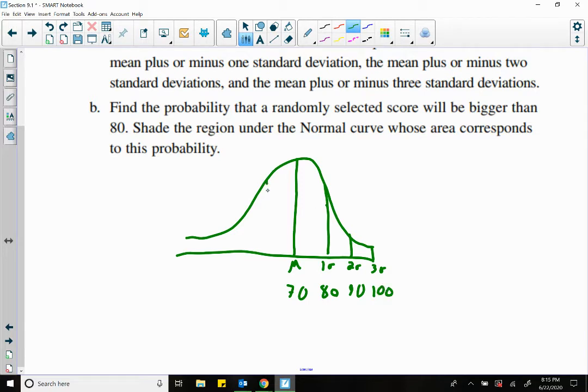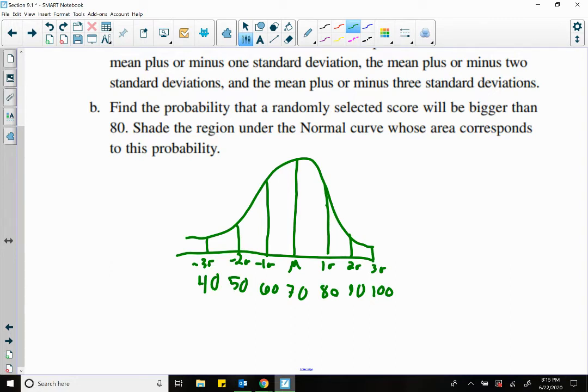Then we go on the other side. Here's -1 sigma, so that's 60. Here is -2 sigma, which is 50. Here is -3 sigma, which is 40. So that's really the picture that they're looking for.